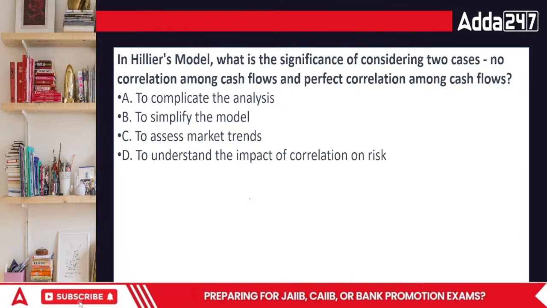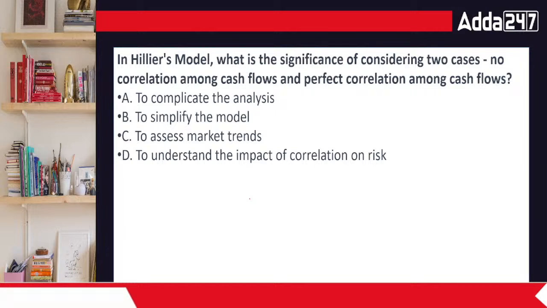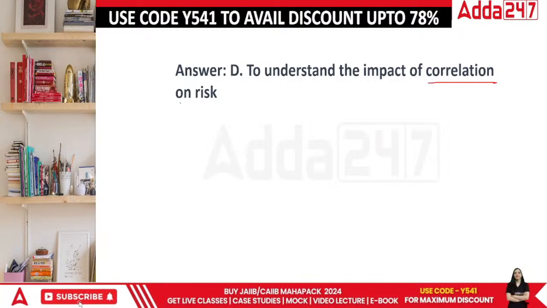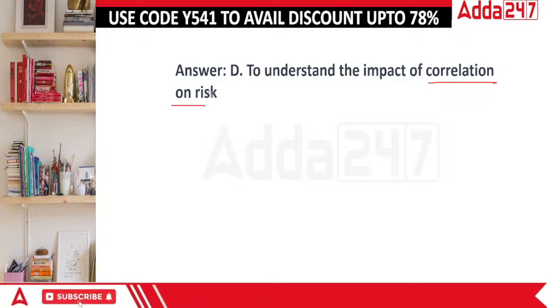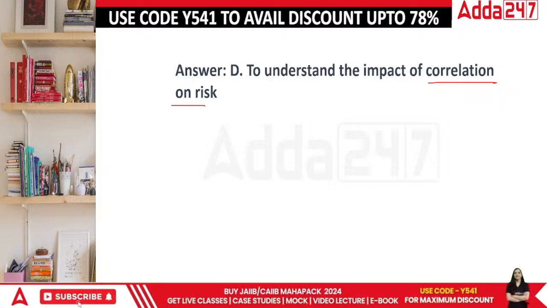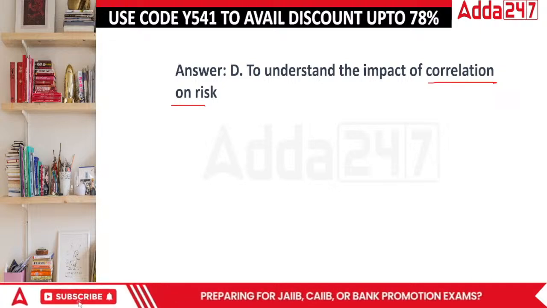When you consider two cases, you can understand the impact of correlation on risk, because you correlate different variables and then you can find out which variable turned out to be useful for the organization or which was not useful, because that clarity is definitely required.